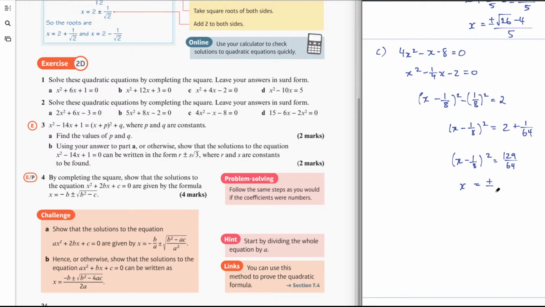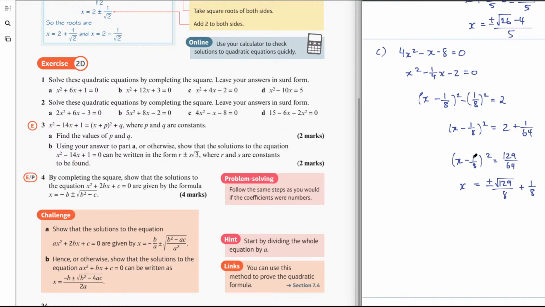So positive or negative the square root of 129 on 8. I'm just thinking if I made a mistake, but I'm not sure. Okay, so take the square root, positive or negative root 129 on 8, plus an eighth.